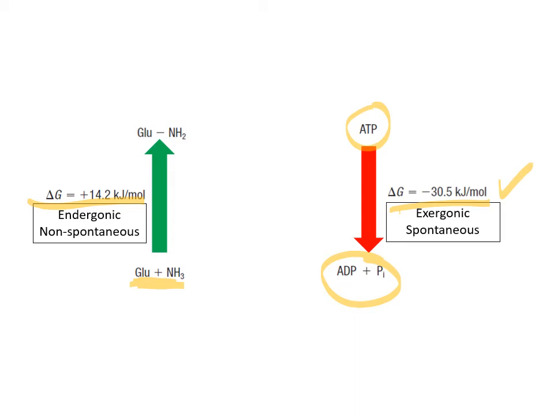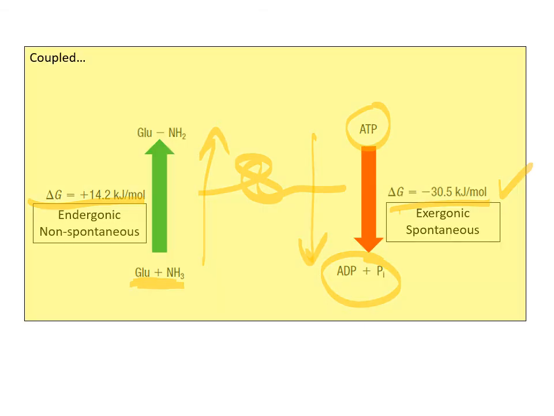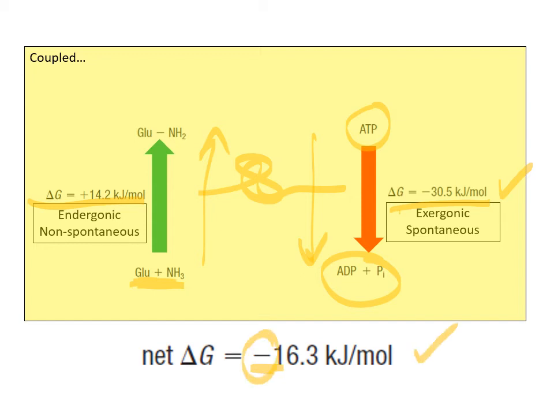So if you tie these together, then as you have this exergonic process happening, you can use it to do an endergonic process, and then you can get what you want done spontaneously. So we couple these reactions. Metabolism is all about coupling an exergonic reaction with an endergonic reaction in order to have them happen. The net free energy, the net delta G, is a negative value, and that means it is spontaneous.